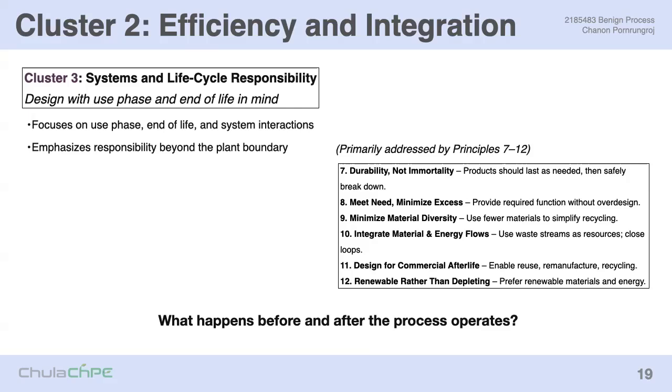So these are the things that we have to think about, right? And the last principle is renewable rather than depleting. So this is really straightforward. We want to change from non-renewable to renewable resources, right?